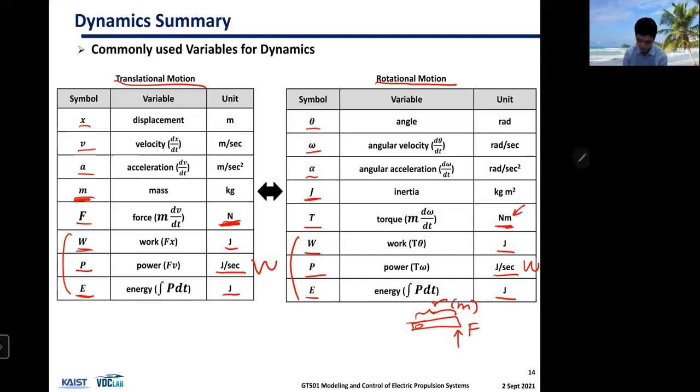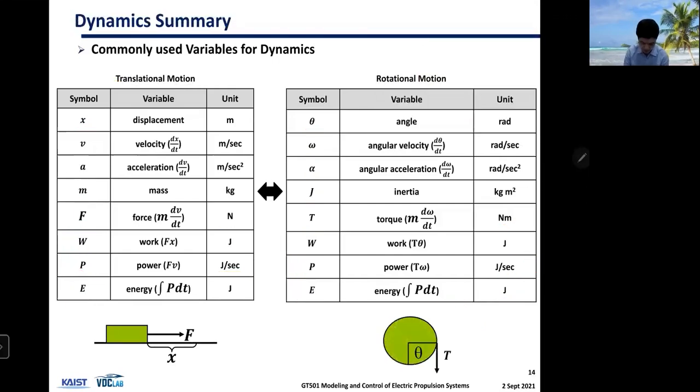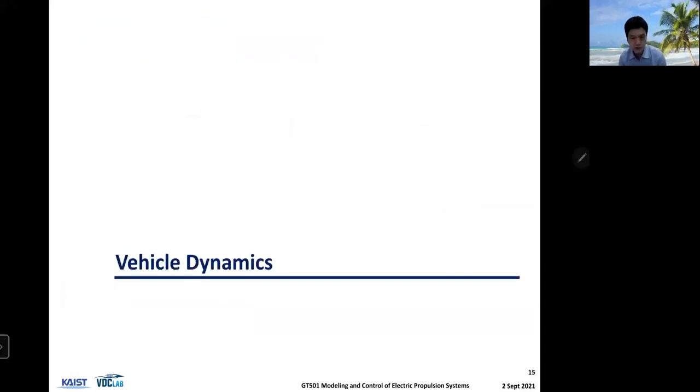So torque is force times this distance, assuming this is rotating with respect to this point. So this figure illustrates these variables on an object. So this was really quick review of dynamics, and we're going to talk about vehicle dynamics.